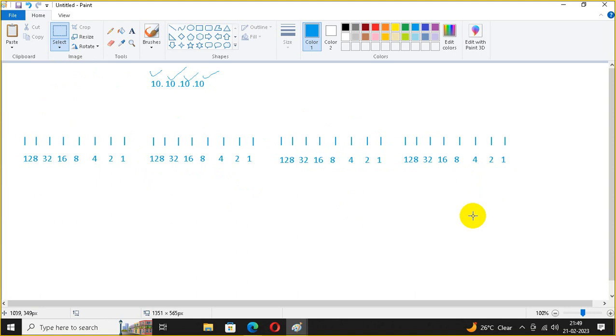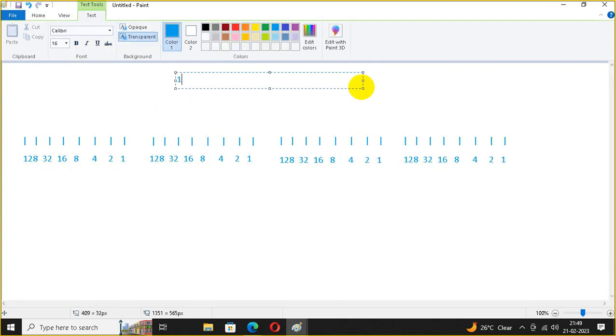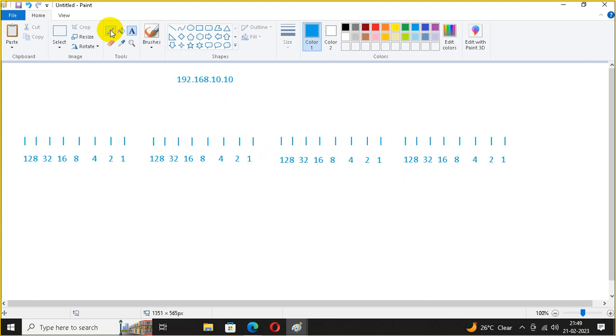So as a whole, this is how an IP address is allocated. Now my question: I am reading one IP address here, 192.168.10.10.